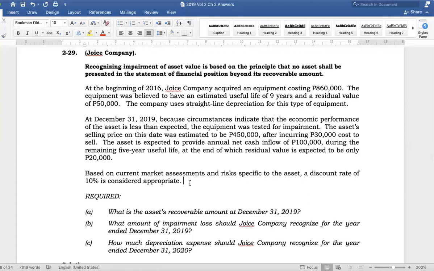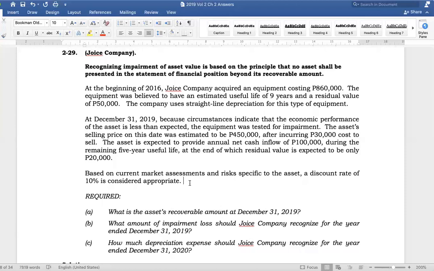So, in determining whether the asset is impaired, you have to look for the indicators of impairment, which are all enumerated in your book. The indicators of impairment are actually given based on the principles identified in IAS 36, Impairment of Assets.